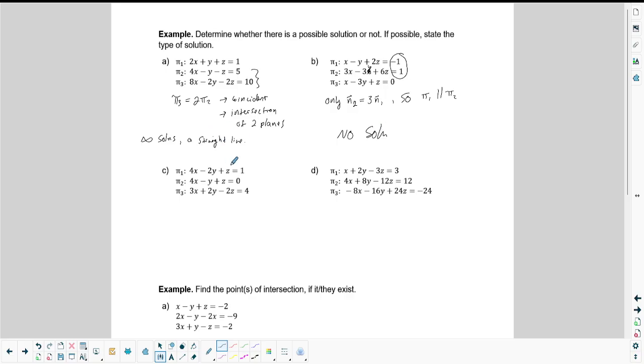Okay, so let's check for some more. 4 to 4 is just 1, negative 2. Okay, that guy, we're not multiplying by anything here. From 4 to 3, multiply by a fraction, but this one's doubling, negative 2ing, I guess. Nothing matches here. So in this case, there is no parallel or coincident.